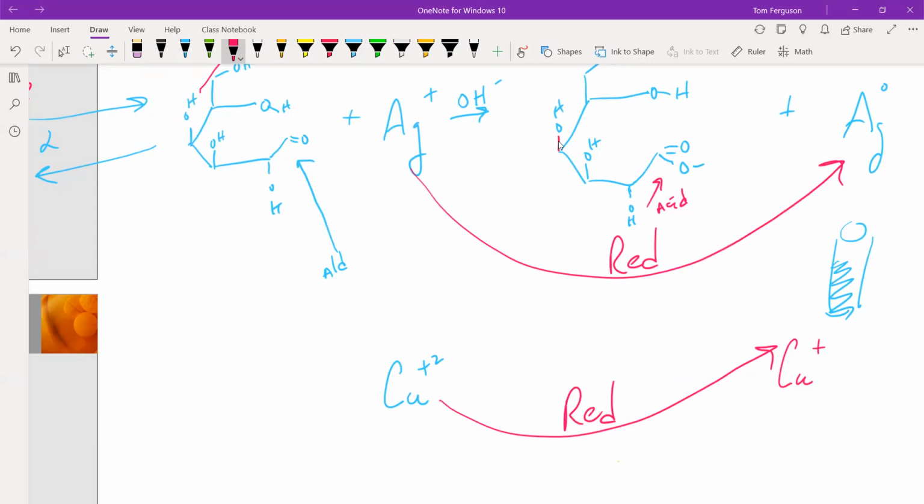The structure of the sugar would be exactly the same. It opens up, exposes the aldehyde, and the aldehyde gets oxidized to the acid over here. And it wouldn't be copper +1 by itself, it would be bound up with oxygen, so it looks like that. And this is the orange, kind of rusty color.